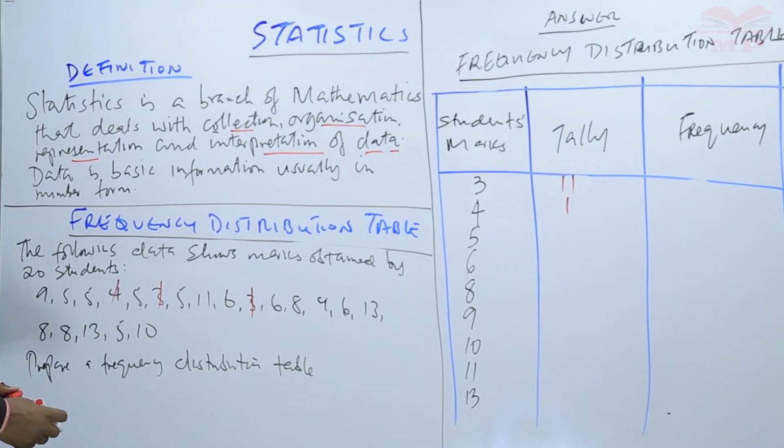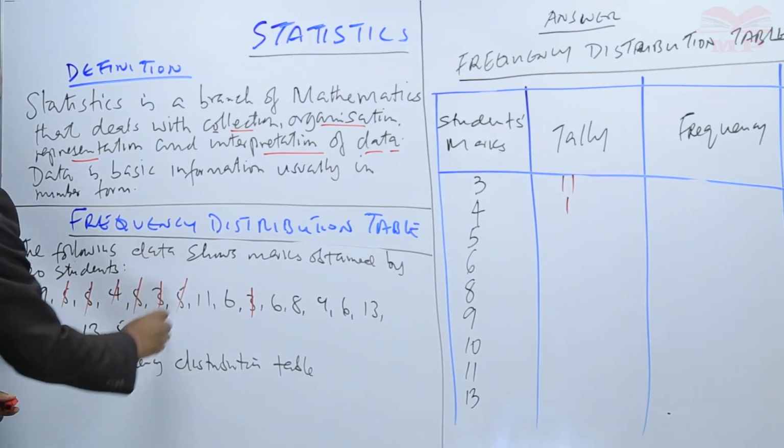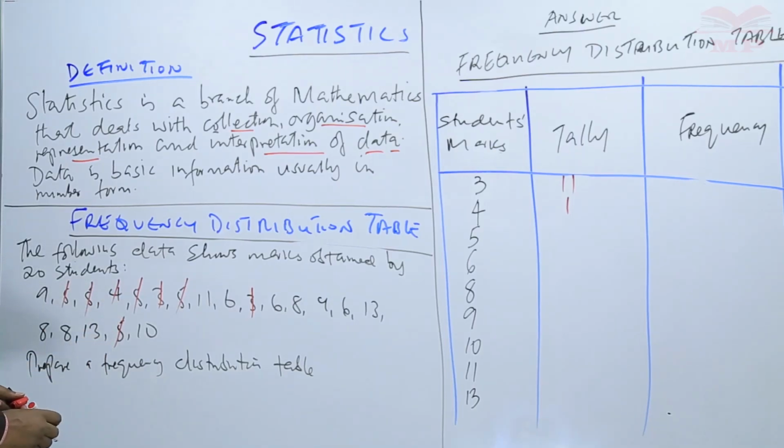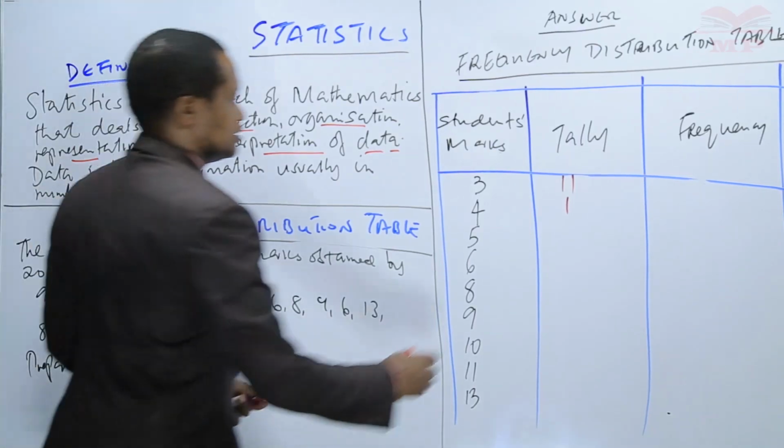5 marks: 1, 2, 3, 4, 5. 5 students scored 5 marks.